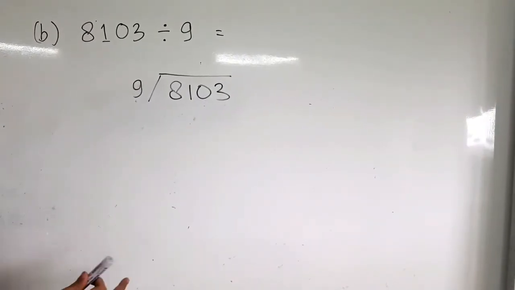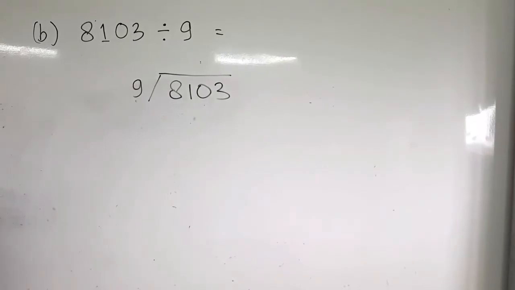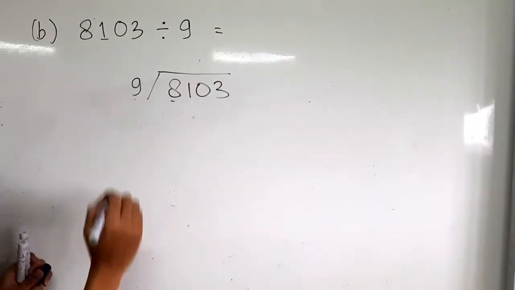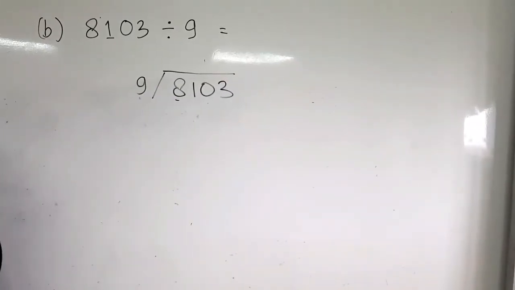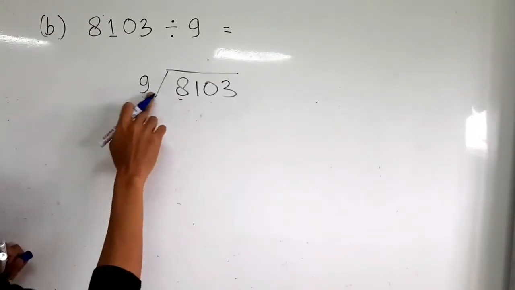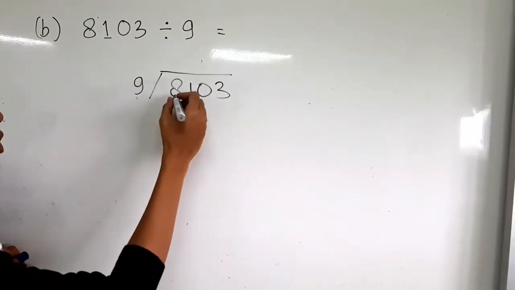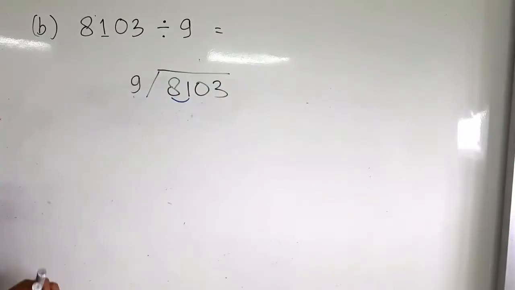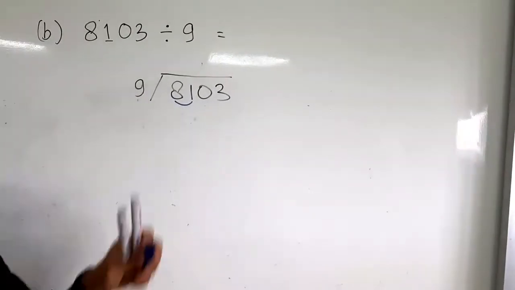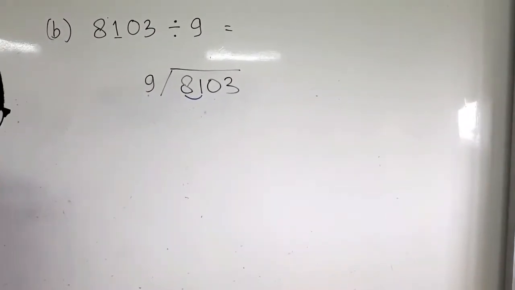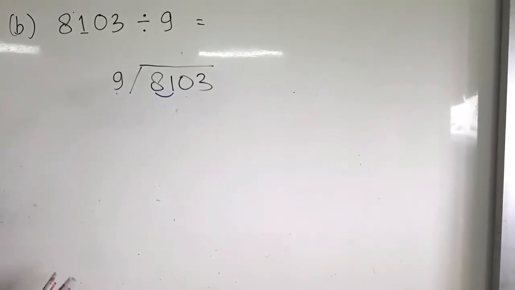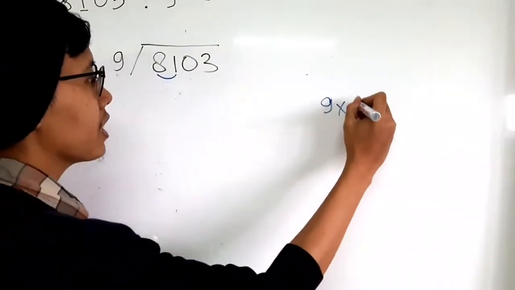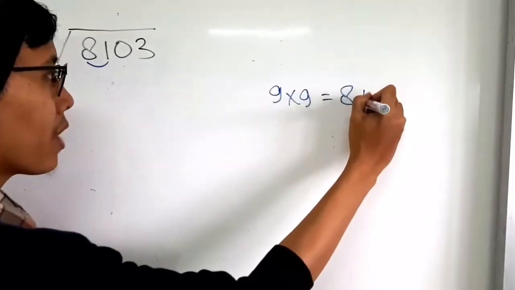Now, look at what we got here. First of all, let's look from the largest digit first. Can 8 be divided by 9? I don't think so, because it is smaller than 9. So that means let's use two numbers at a time. 81. Can 81 be divided by 9? Sure it is, because 9 times 9 is equal to 81.